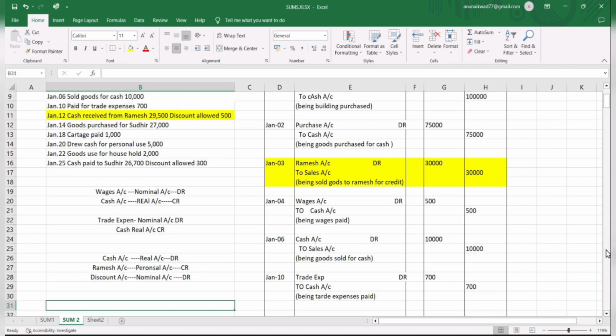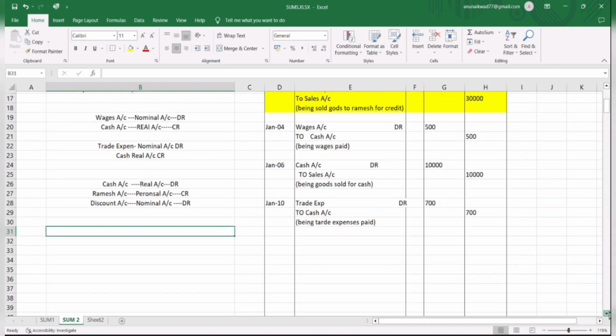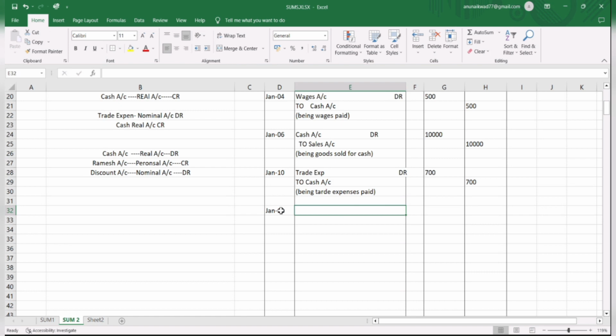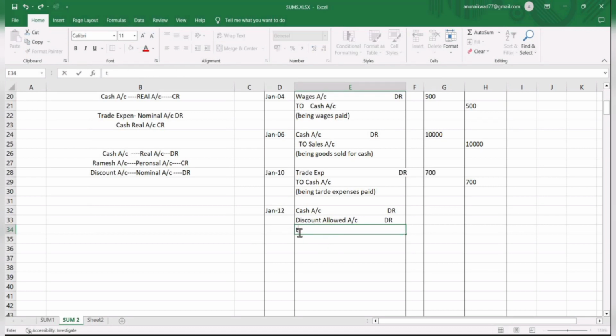This transaction took place on Jan 12. Cash account debit, correct. Discount allowed account is also debited. To Ramesh's account.